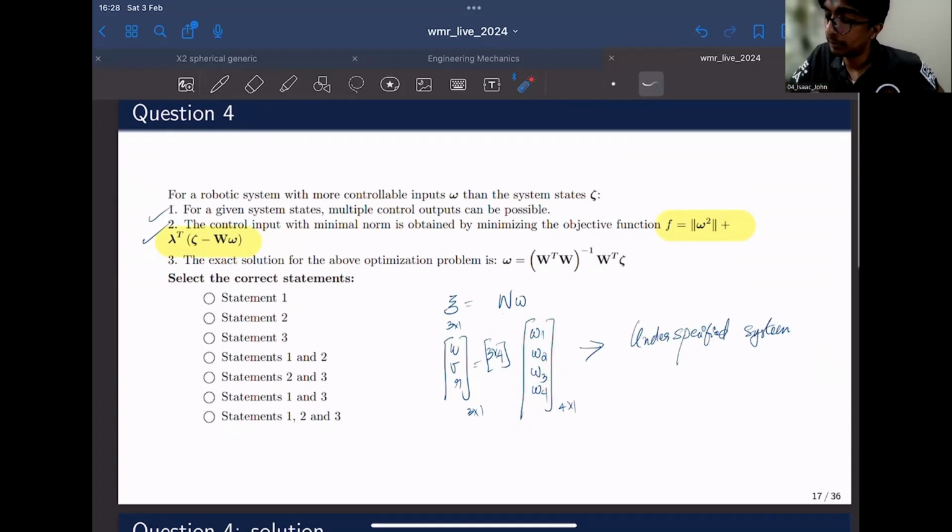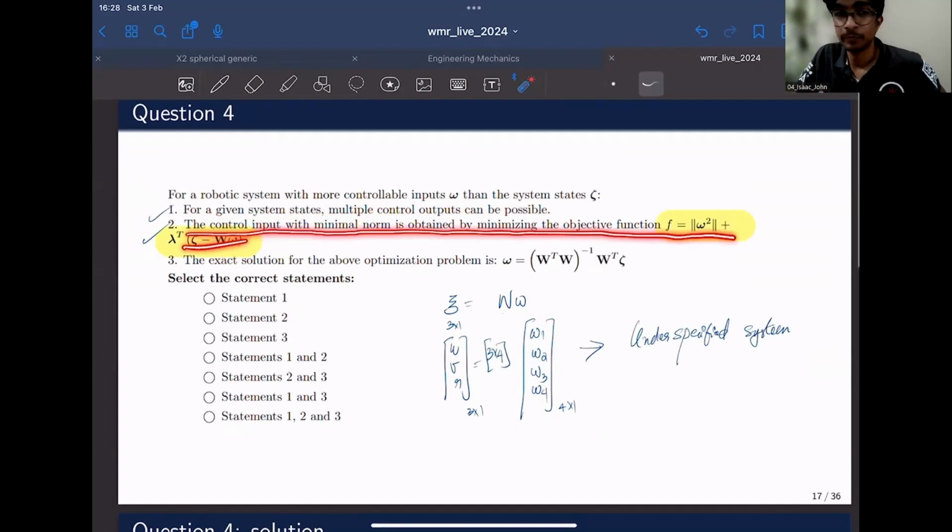So both of them are true. Statements 1 and 2 are true: for a given system state, multiple control inputs can be possible, and the control input with minimal norm is obtained by minimizing the objective function.